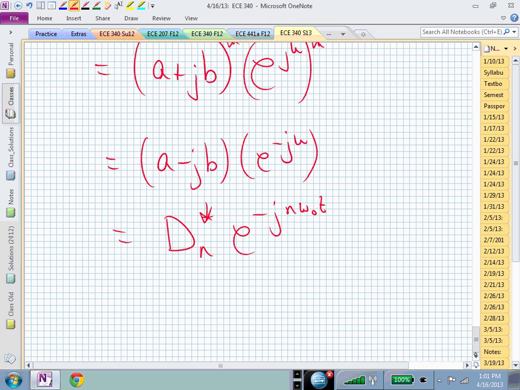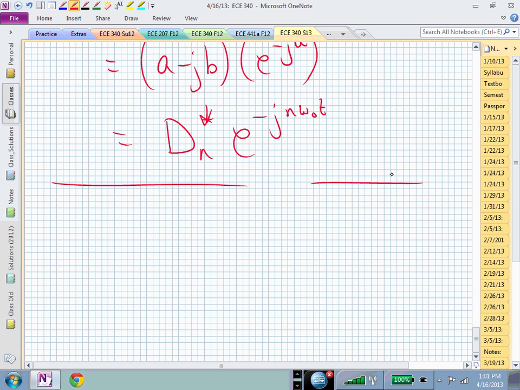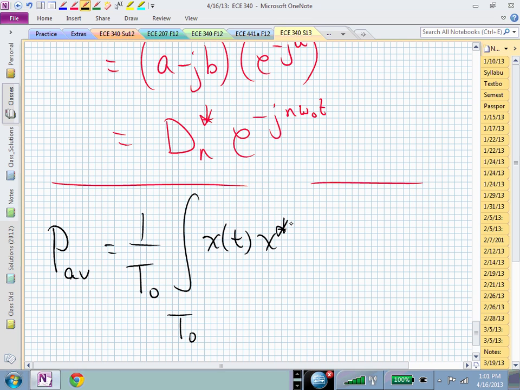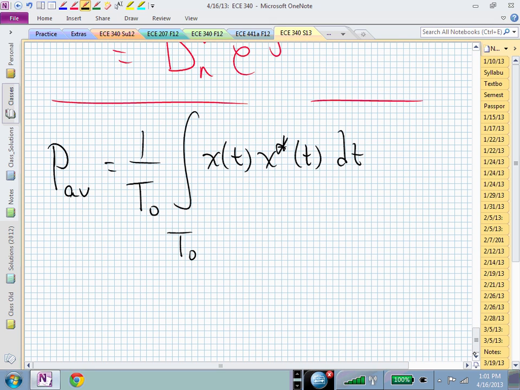Let's now return to our expression for the average power. That's 1 over the period, integral over 1 period, x of t, x star of t, where the star is the complex conjugate. Now what I want to do is replace that time domain conjugate of x with its frequency domain representation. And we just wrote that down.